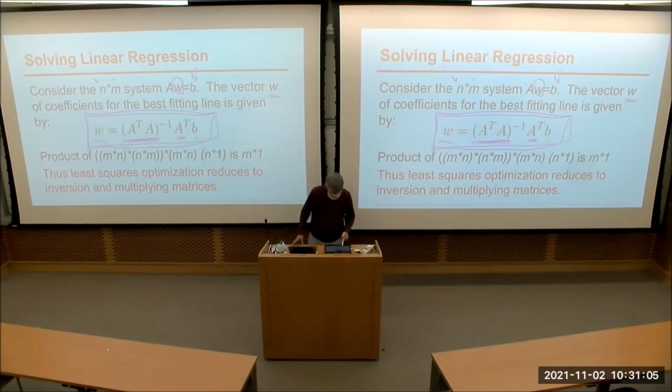If you work this out, this gives you an m by 1 matrix. That's what we would want the coefficients to be. We want a weight to multiply each one of the features by, such that for any given point, the sum of each of its dimensional values times the appropriate coefficient, the dot product of those things, approximates the target. Any questions?